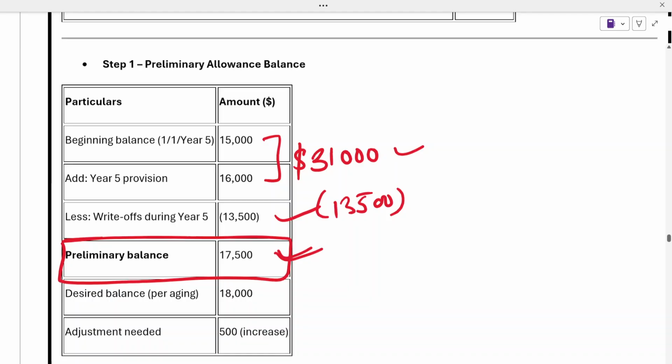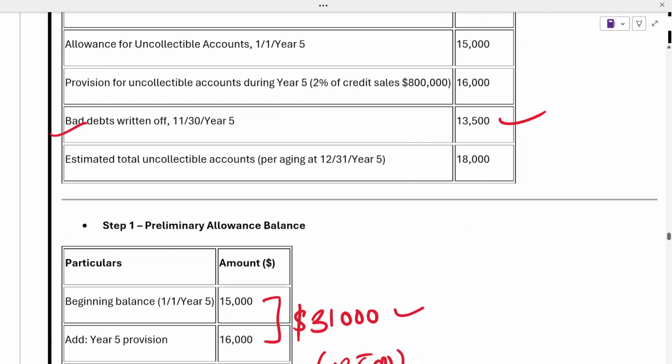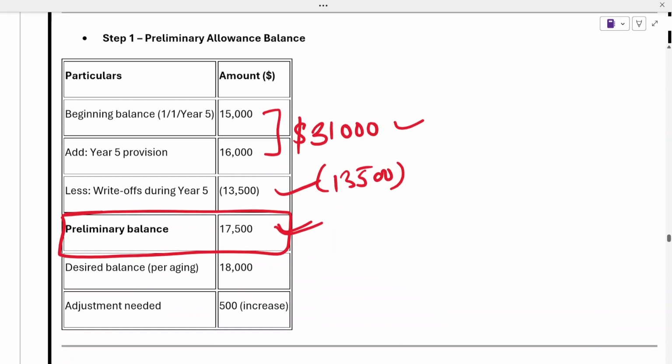But as per aging report, we know that we need to maintain uncollectible accounts total of $18,000, right? So basically we know that at the end this balance should be 18,000, but we are having only 17,500 as of now. So what we need to do, we need to simply increase the provision. So $500 of provision will be increased here.